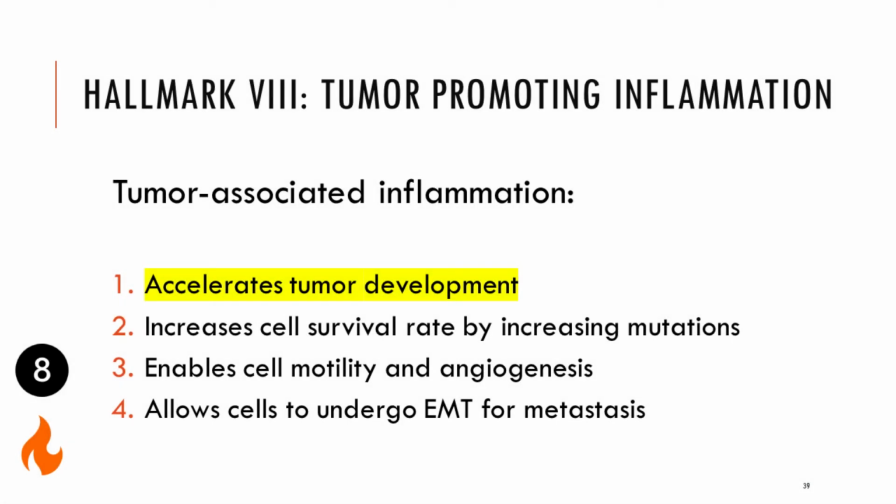So how does inflammation help cancer cells? For starters, inflammation basically accelerates the development of tumor. So if you have a lot of immune cells crowding the tumor microenvironment, it's going to cause stress to the body, and the cells surrounding the tumor are going to differentiate and accumulate mutations.